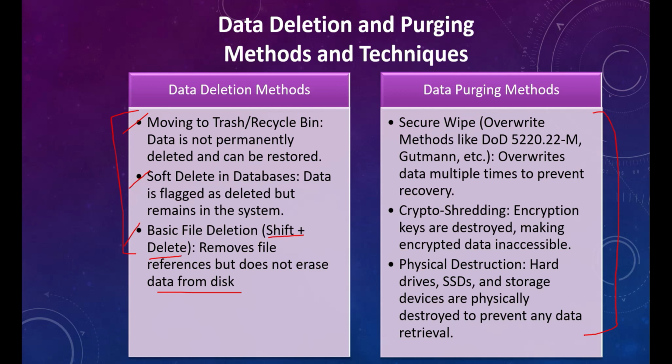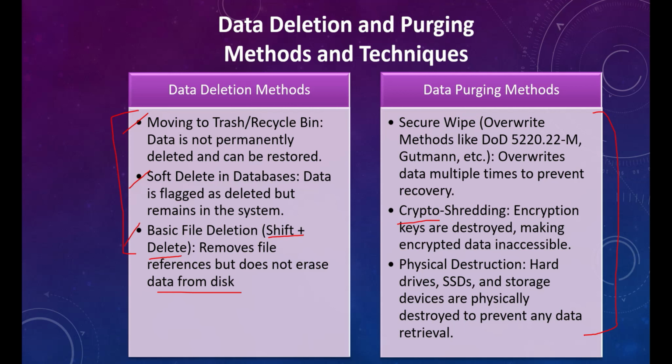It's kind of an algorithm or a program which runs in the system via a tool or script. It will rewrite the data multiple times so that there is no trace of the original data and it remains inaccessible or untraceable.